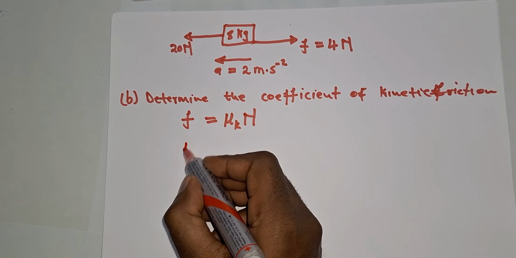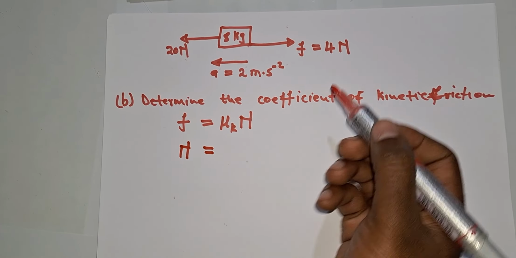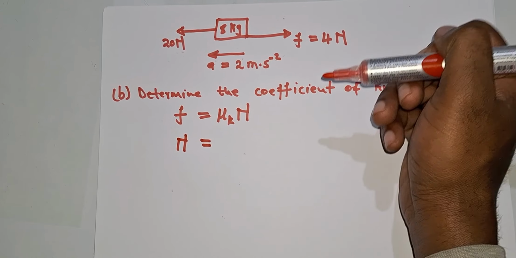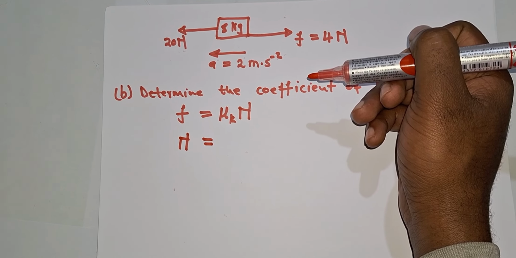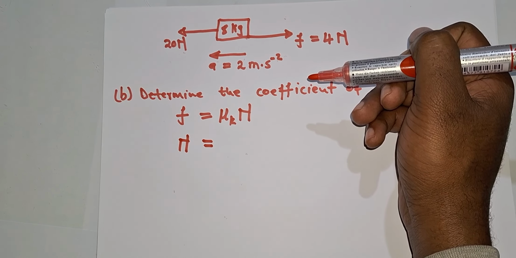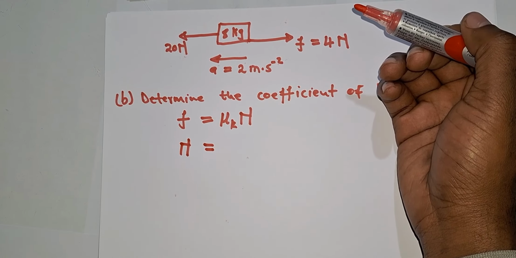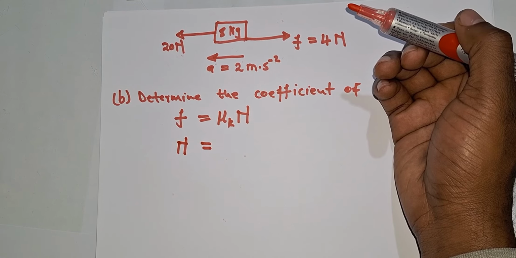We have to know first, I've mentioned that the normal force and the gravitational force, or the weight, are equal. I've mentioned that it is the same value, just in opposite directions.